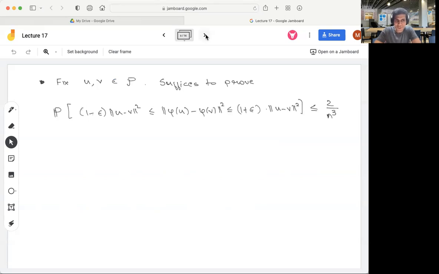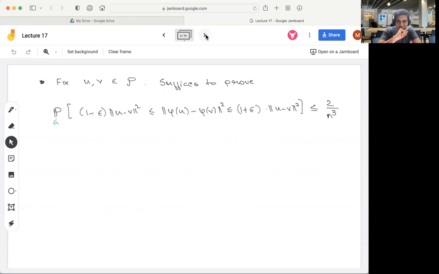Okay. Two questions: what is the probability over, and why is this sufficient? You can answer either one of them if you want. It's probability over the draw of Gaussians in the matrix. Right, so the probability is over the choice of G, or equivalently over the choice of phi.